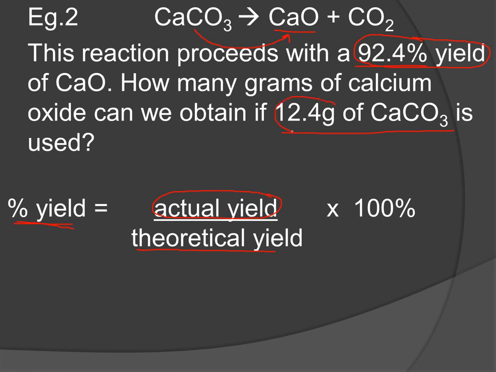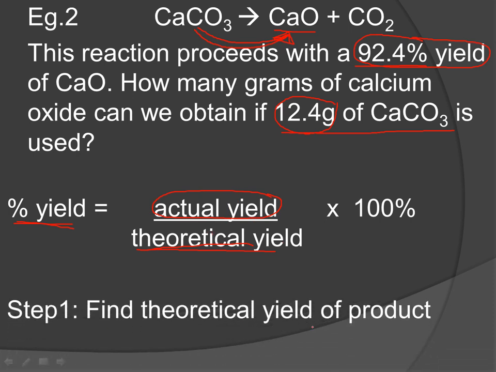However, this is not product. This is calcium carbonate. We've got to convert it into product, and then we will have our theoretical yield. So pause the video here, take your 12.4 grams of calcium carbonate and turn it into grams of calcium oxide so we can find out what our actual yield would be using those numbers.